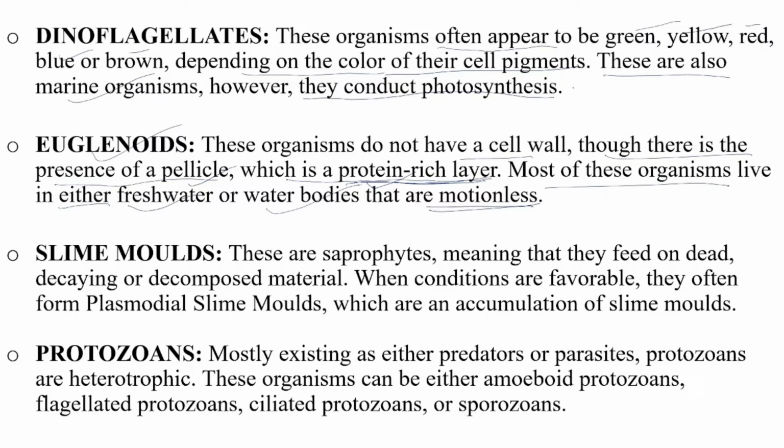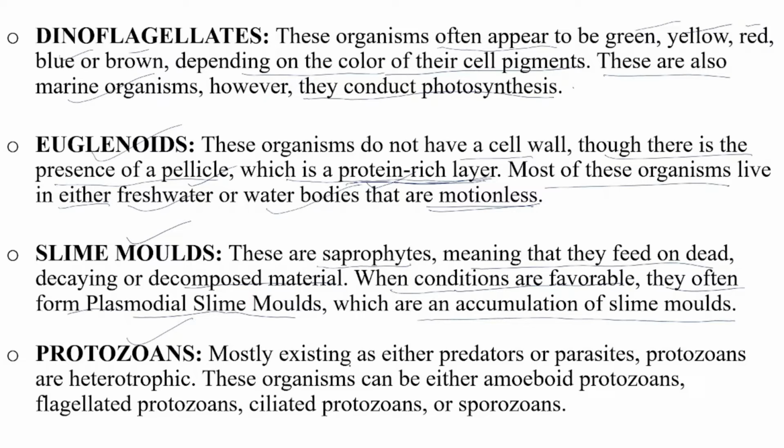Then comes slime mold. These are saprophytes, meaning they feed on dead, decaying or decomposed material. When conditions are favorable, they often form plasmodial slime molds, which are an accumulation of slime molds.